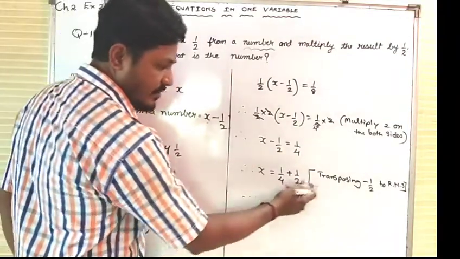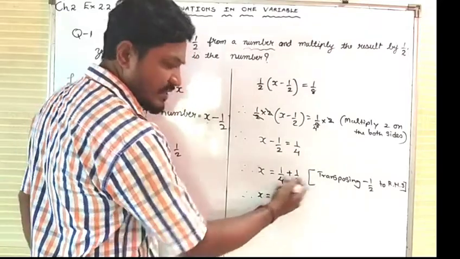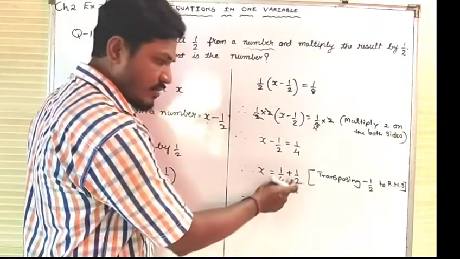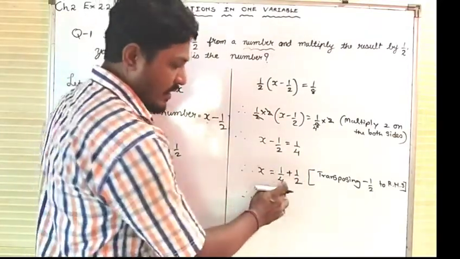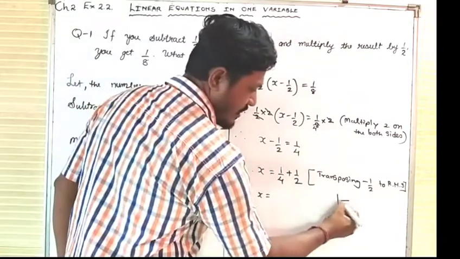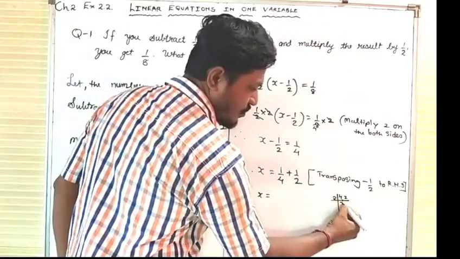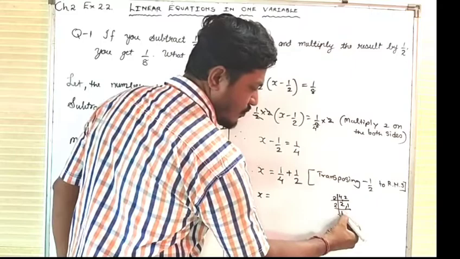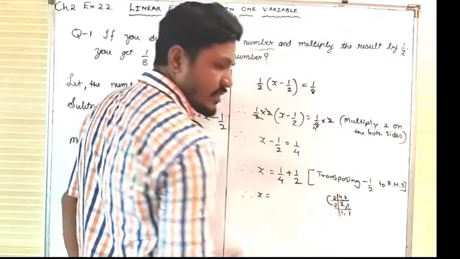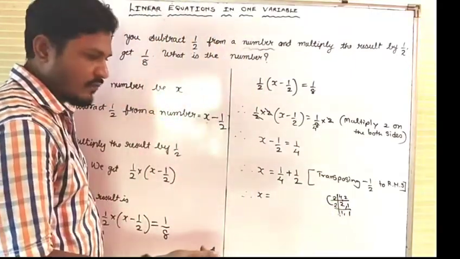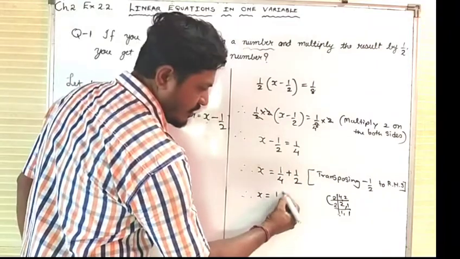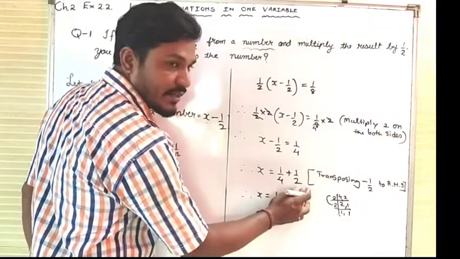Now see here, dear student. What is there now? 1 by 4 plus 1 by 2. LCM of 4 and 2: 2 twos are 4, and the LCM of 4 and 2 is 4 only. So here you have to equalize the denominators.